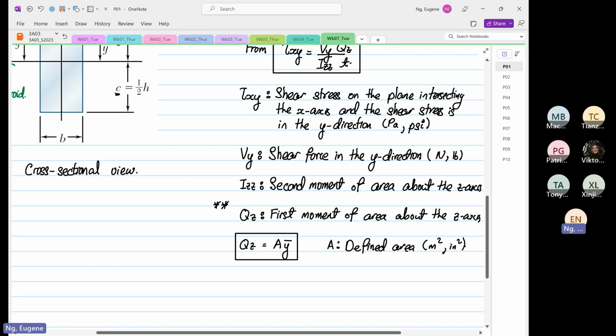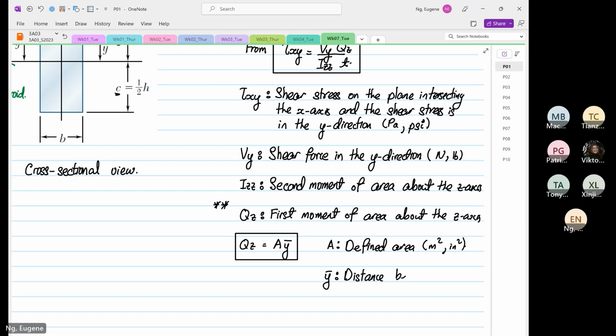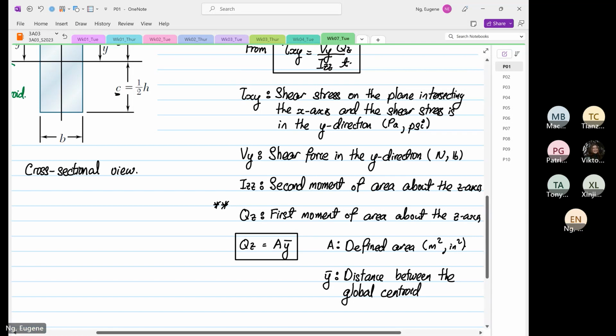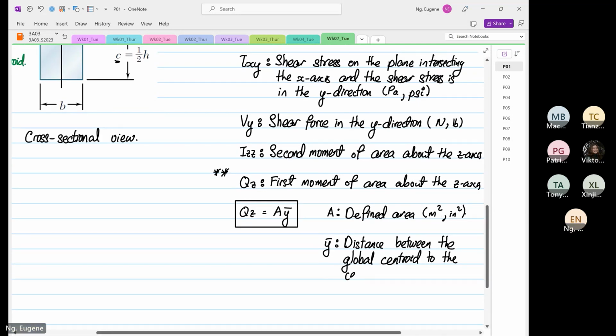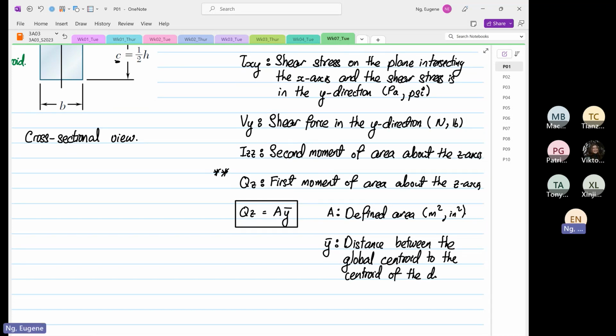And the y bar is the distance between the centroid, I'll call it global centroid, to the centroid of the defined area.